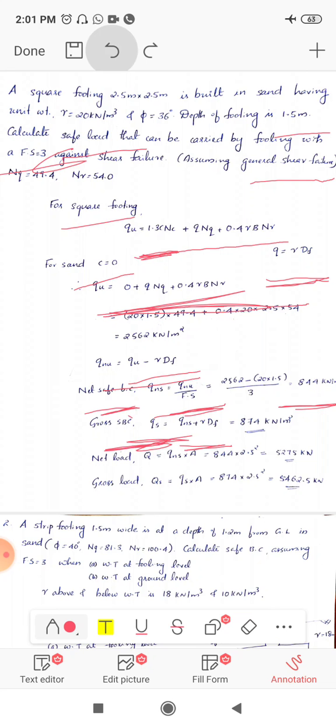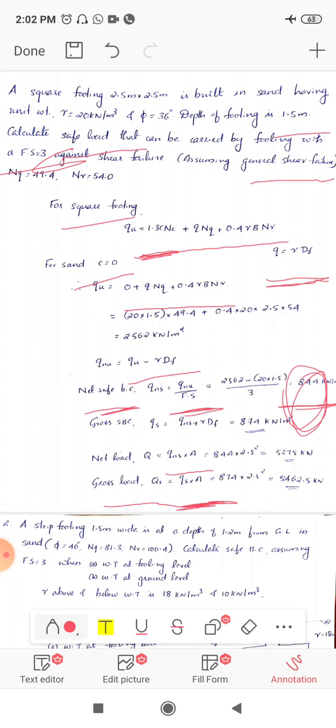Okay, so here we have to find out the safe load. If we want to calculate the net safe load, we have to multiply the net safe bearing capacity with area. And if we want to calculate gross load, multiply gross safe bearing capacity into area. Okay, so that is the procedure. If we want to find out the load, we have to multiply with area, because this is a pressure.